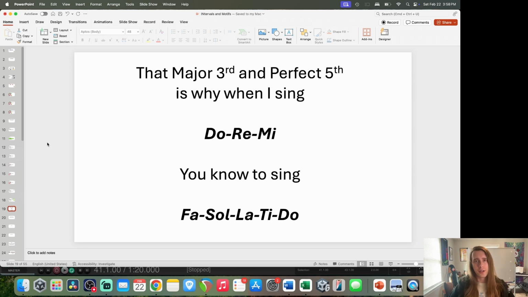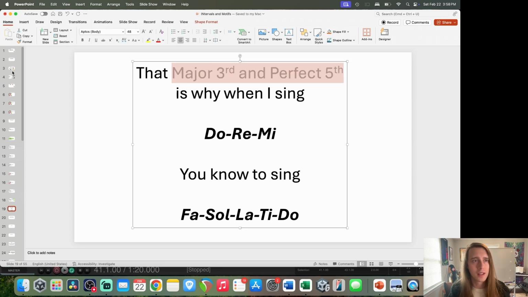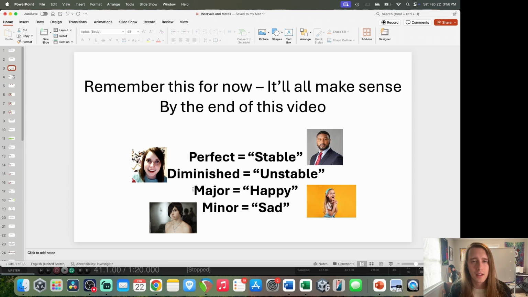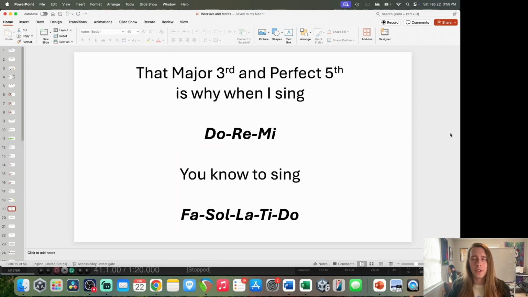The major third and the perfect fifth in this instance is why when I sing do, re, mi, you know to sing fa, sol, la, ti, do. That's a major scale. And if you remember, a major third is happy, perfect is stable. That major third and perfect fifth is what gives that mode its happy, stable sound.